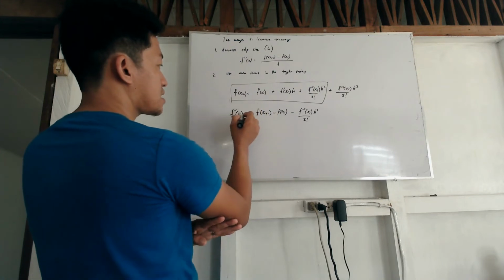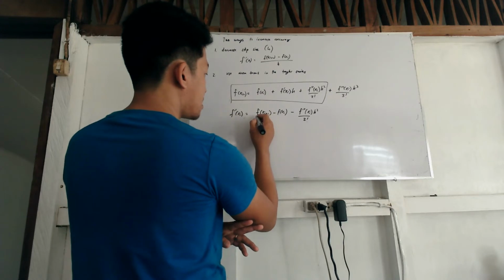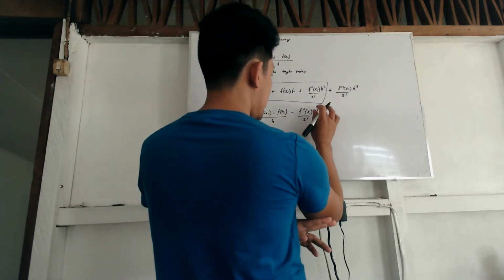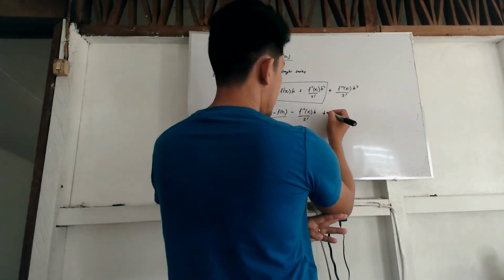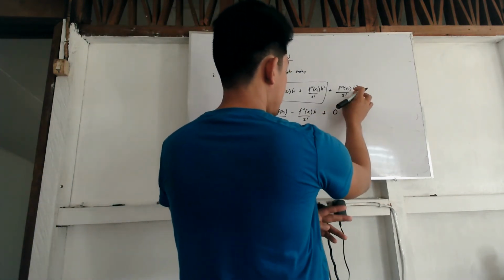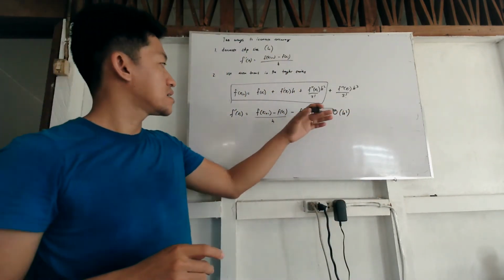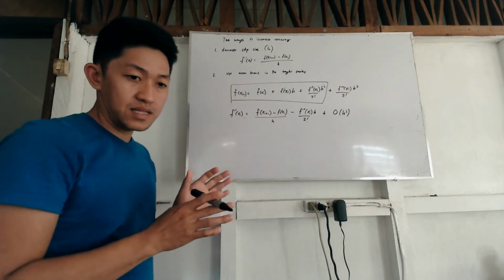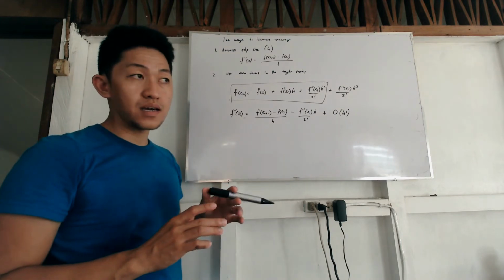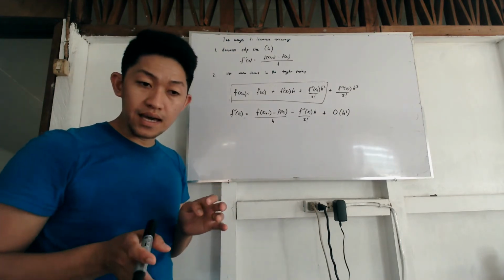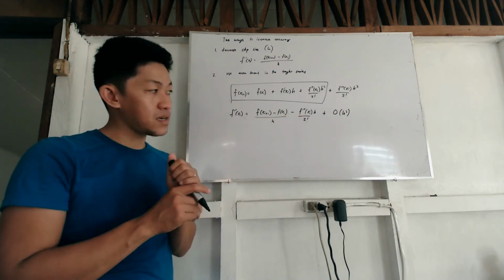2 factorial, but since we divide by h, we will have a term of second order. So the accuracy of your first order forward difference approximation is increased by actually adding the second order term.